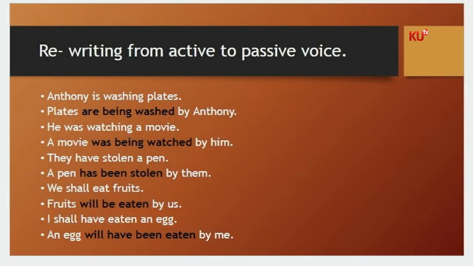Then we see if we shall be able to detect the types of tenses so that we change correctly from active to passive. Then from there, we shall move together and get a helping verb that is used in each tense so that we are set to go. Now, in jumbled up tenses, we have the first one. Anthony is washing plates.